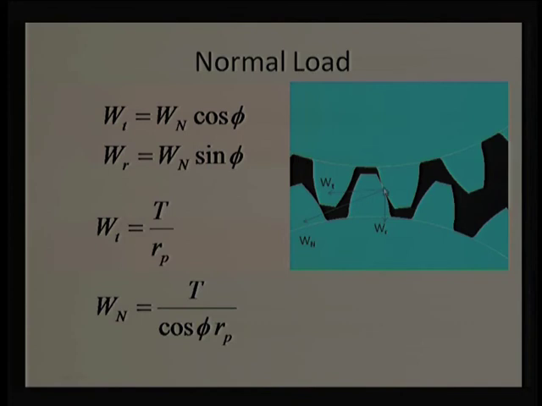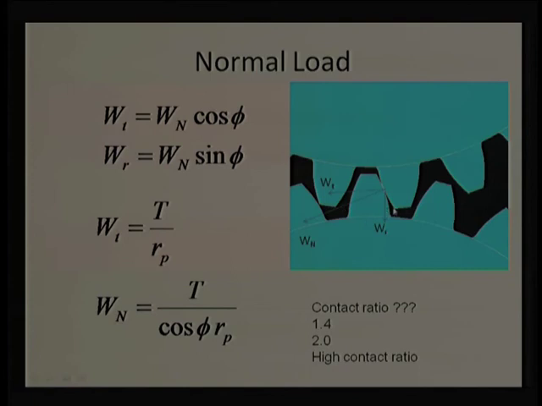When it happens, this Wn calculation is not going to be right, because there will be some sort of load sharing, and if there is load sharing, we should account for that effect. So we should use a contact ratio, and the contact ratio is generally designed to be more than 1, and more than 1 means there is load sharing at the extreme points. At the pitch point, yes, there may be the same load, but at the extreme points there will be different loads, and we need to evaluate the power loss.